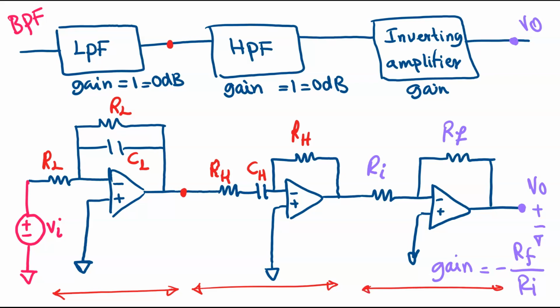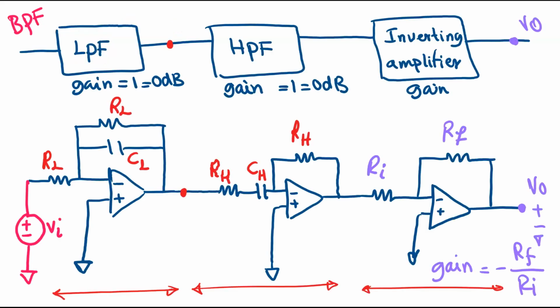In a normal circuit, you cannot make that assumption. You have to put everything together and solve the circuit and find the relationship between your output and input voltage. But in an op-amp circuit, we don't have a loading effect. That's why we can multiply the transfer function of cascaded components.